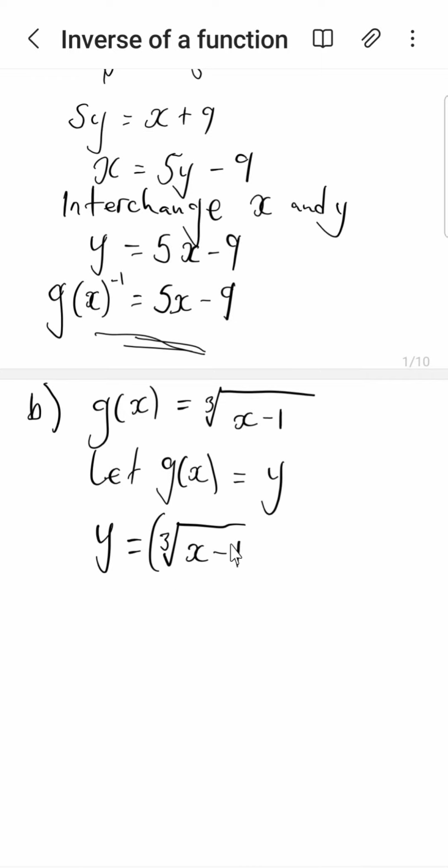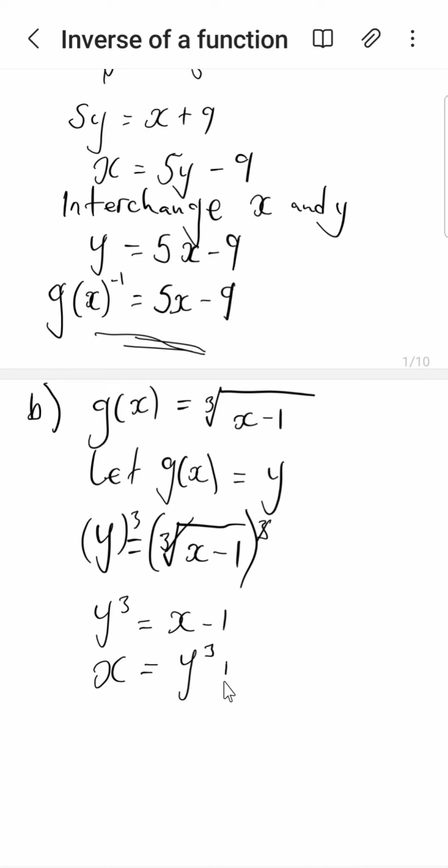So how do you do that? You raise that to the power 3, and that to the power 3. So the cube root and the power will cancel. We'll have y to the power 3 equals x minus 1, and our x is going to be y to the power 3 plus 1. You interchange that.